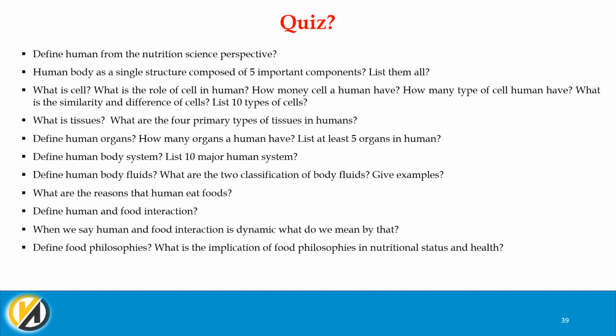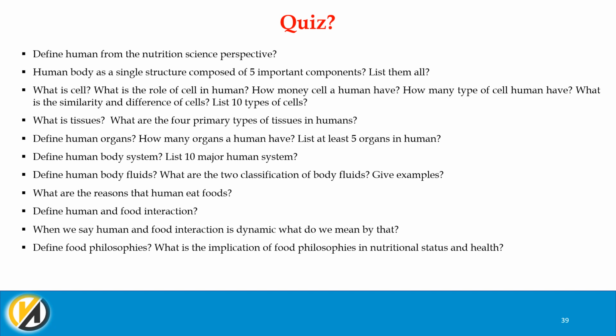List them all. What is a cell? What is the role of cells in humans? How many cells do humans have? How many types of cells do humans have? What are the similarities and differences of cells? List 10 types of cells.